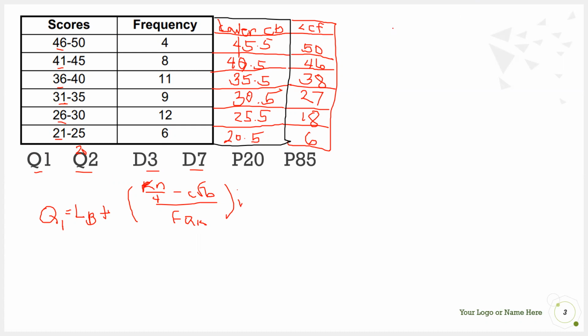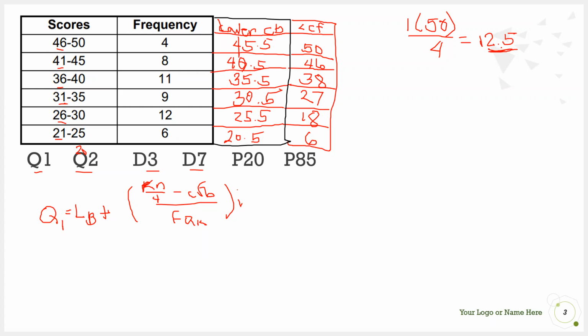So ang una natin gagawin ay, since this is quartile 1, that is 1 times 50 divided by 4. So 1 times 50, that's 50 divided by 4 is 12.5. Okay po. So that's 12.5. Please take note of this 12.5.